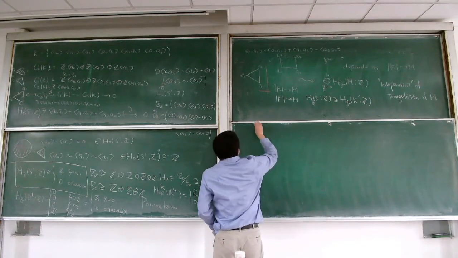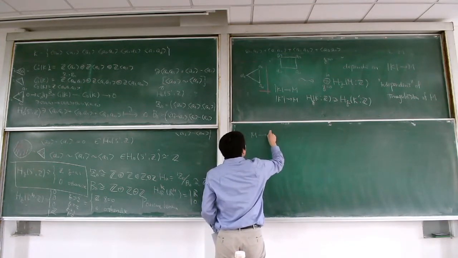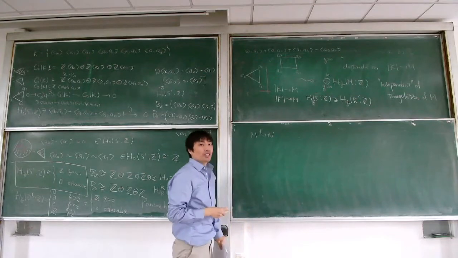So we already know the manifold we just considered with a smooth map. We want to see a similar thing.